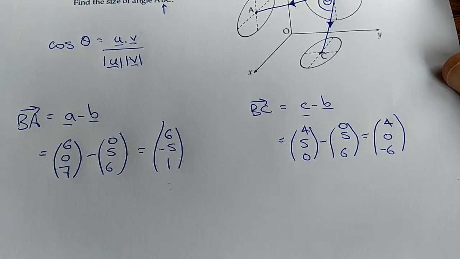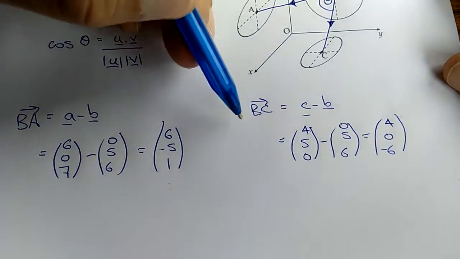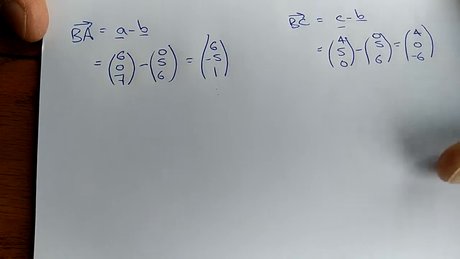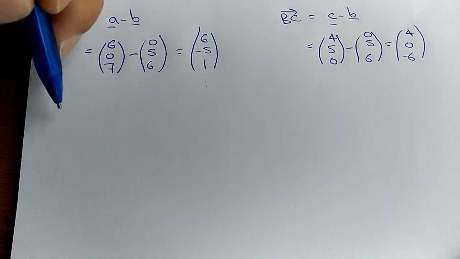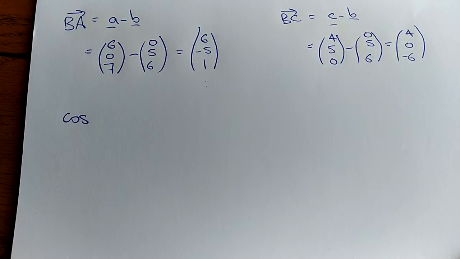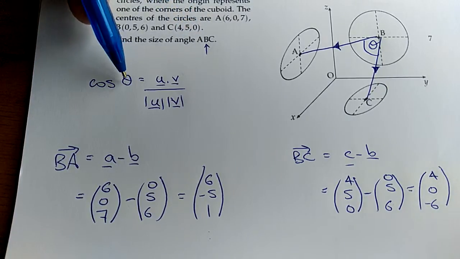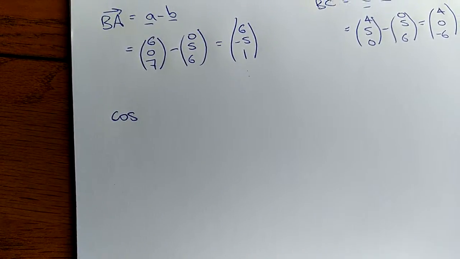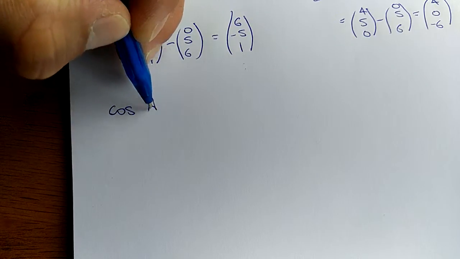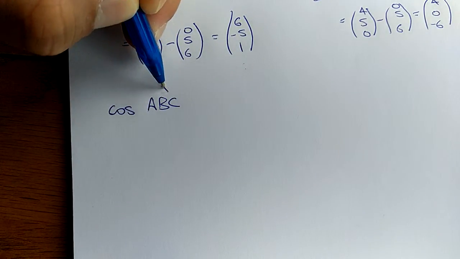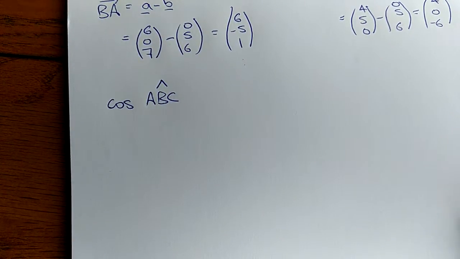So I'm actually going to rewrite the formula using BA and BC in place of u and v. So cos, and instead of using theta, I'm actually going to use ABC. So I'm going to replace theta with ABC. And I'm just going to put an angle symbol above it.